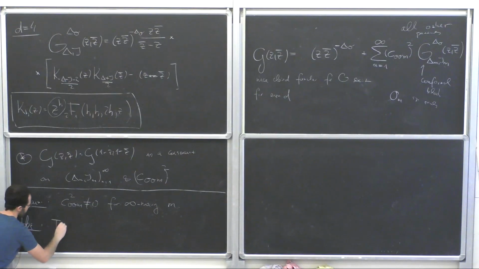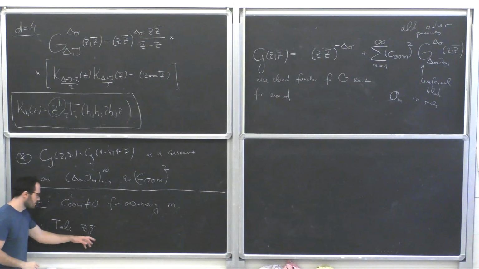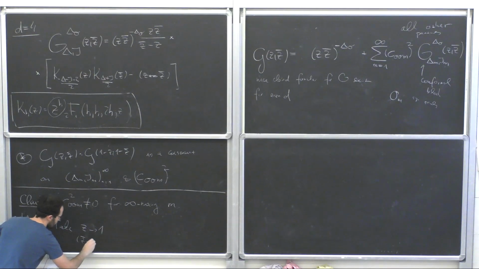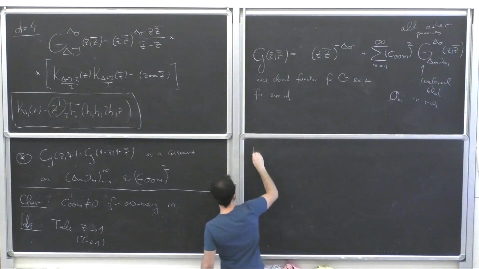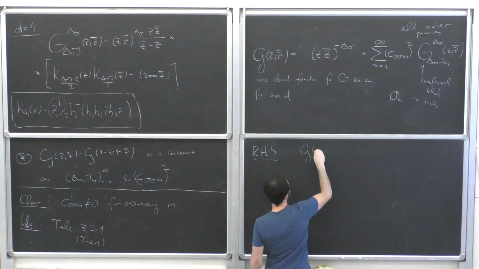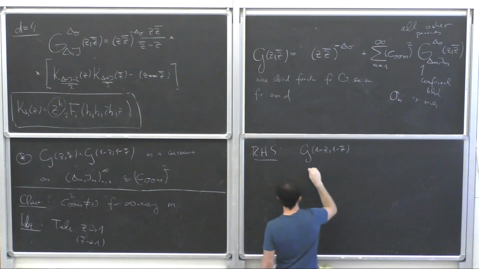Is to take z bar. For now, we can think of z and z bar as complex conjugates of each other. So let's say that z goes to 1, which also implies z bar goes to 1 if they're complex conjugates, in the bootstrap equation. So let's think about the right hand side. The right-hand side is 1 minus z bar as z goes to 1.